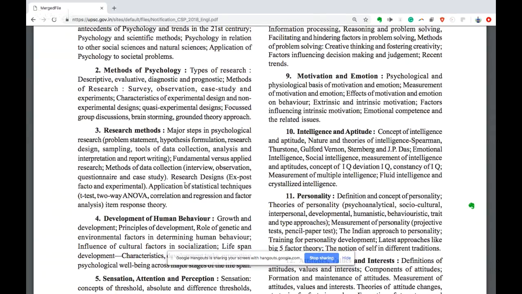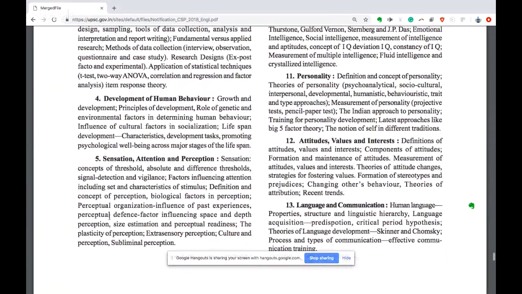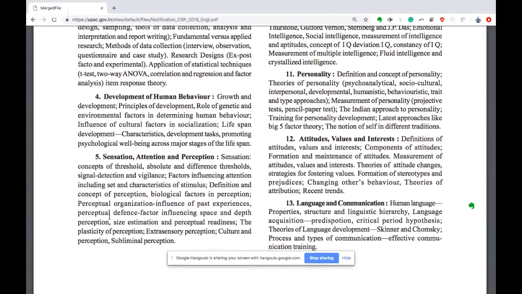Yeah, so next comes development of human behavior. In this, what we study in psychology is basically how does a human and his or her behavior develop over time.